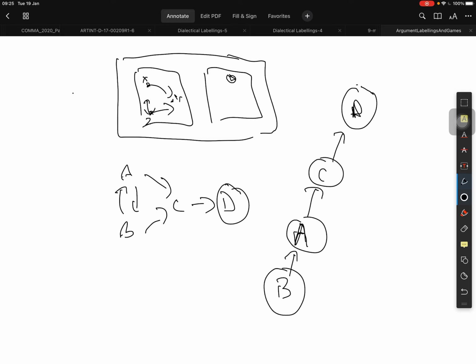Now in the preferred game, only in the preferred game, in other words, only when trying to establish whether D is in a preferred labeling, only then can the user repeat an argument that they already moved in the line of moves thus far.